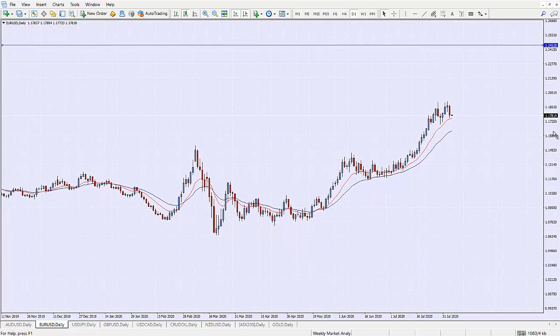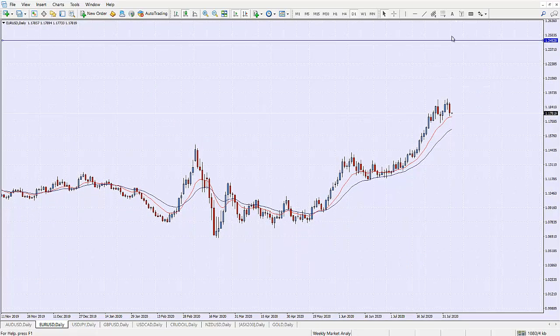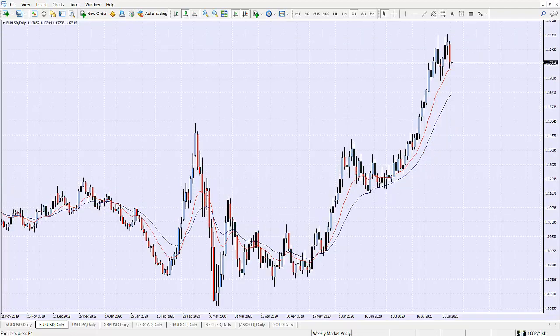So if I shrink it, there's the line that I've just drawn in. Really, what we're looking for with the EURUSD is we're going to look for dips, and in those dips we're going to look for price action reversal so that we can continue with the trend in this direction. That's the only game plan that I have for the EURUSD.